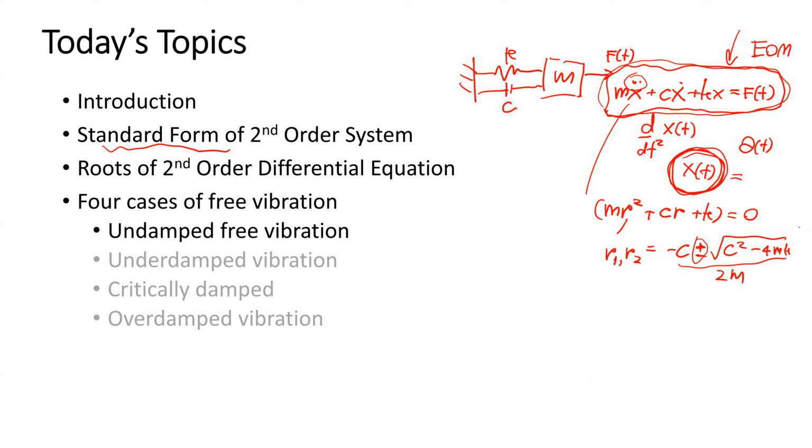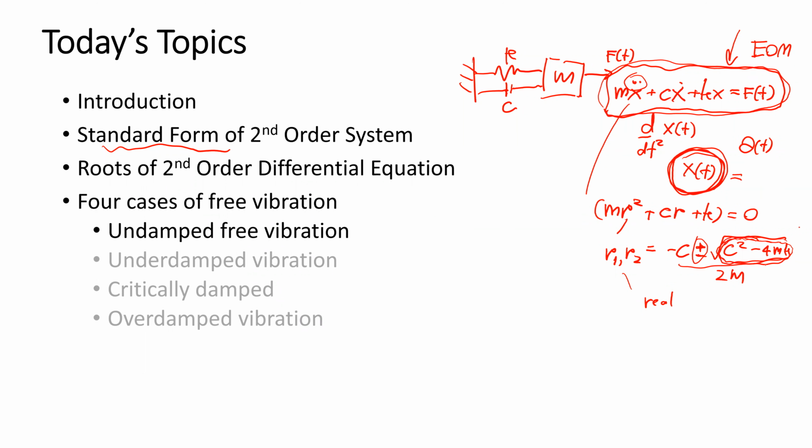R1 and R2 can be real numbers if the value inside the square root is positive. R1 and R2 are going to be distinct real roots. If the value inside the square root becomes 0, we're going to have a repeated root. R1 and R2 will be equal.